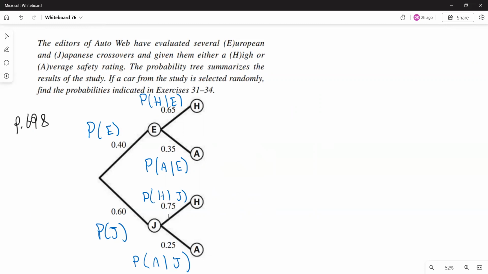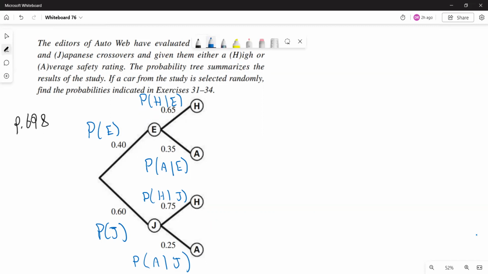Okay, so let's do number 32. I can just write it. If a car from the study is selected randomly, find the probabilities indicated in exercises 32 to 34.